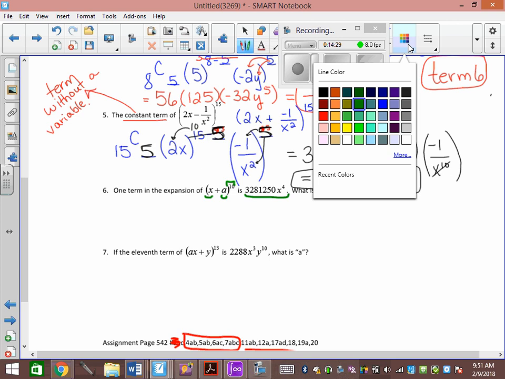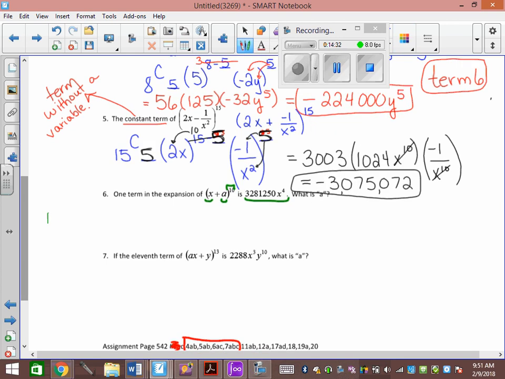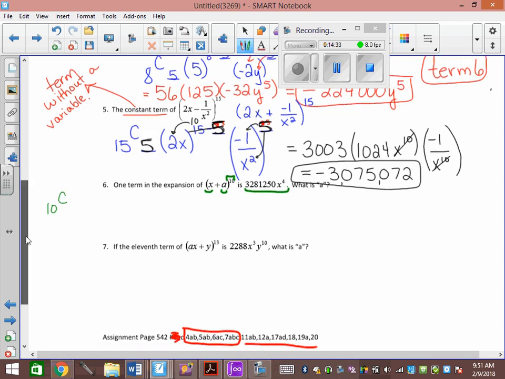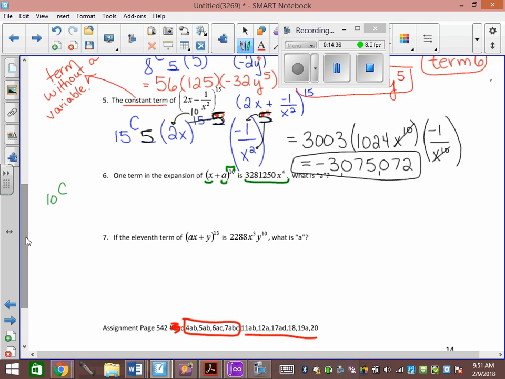We know it's 10 C. Oh, the green's really hard to see. 10 C, I don't know, X to the 10 minus, not sure, A to the, I have no idea.